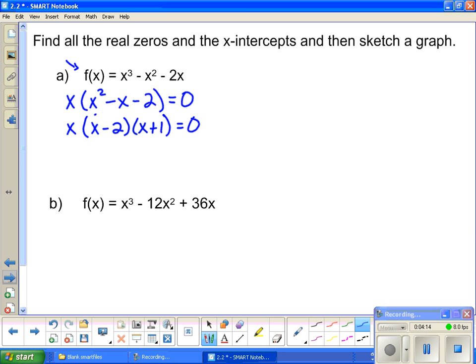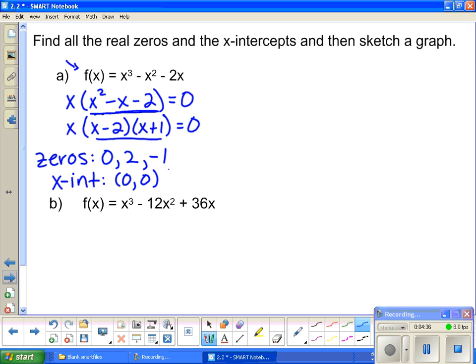So then I factored this trinomial into 2 binomials. Now when I solve those, these become my zeros. My zeros: x equals 0, x equals 2, and x equals negative 1. Those are my zeros. My x-intercepts are going to be at (0, 0), (2, 0), and (negative 1, 0).